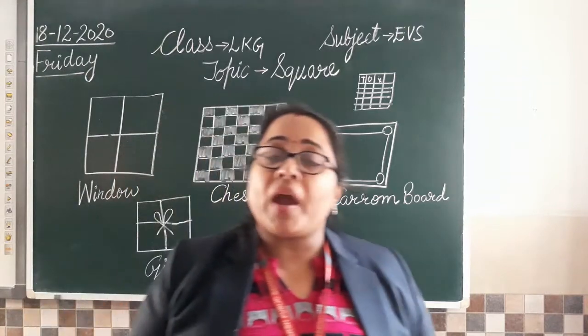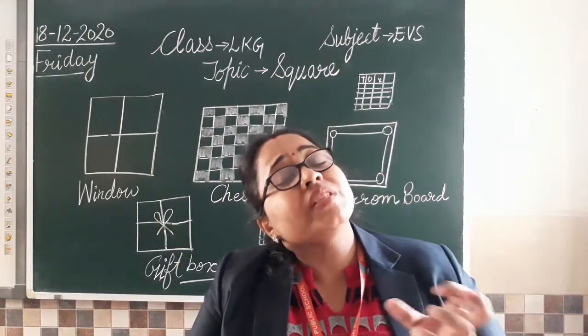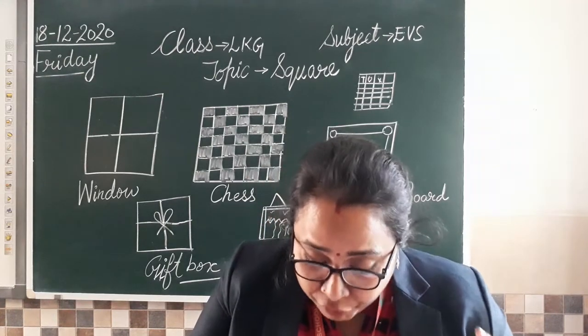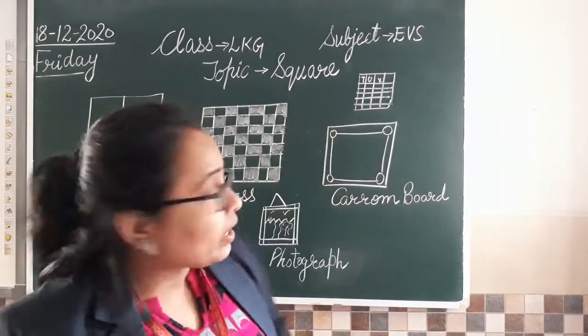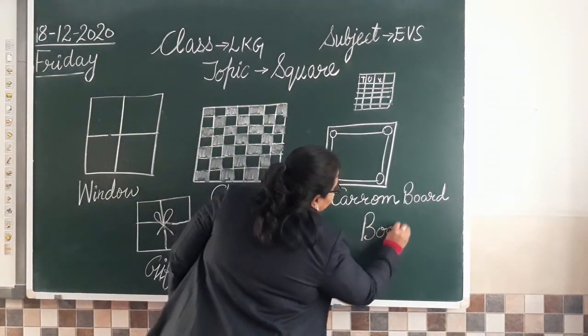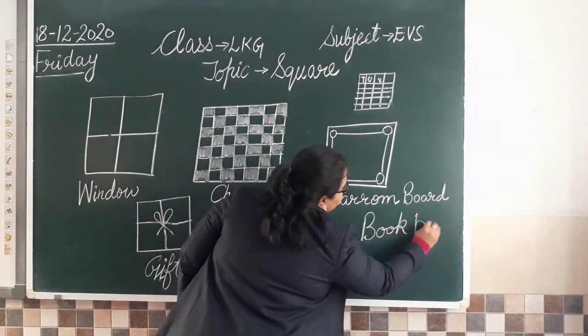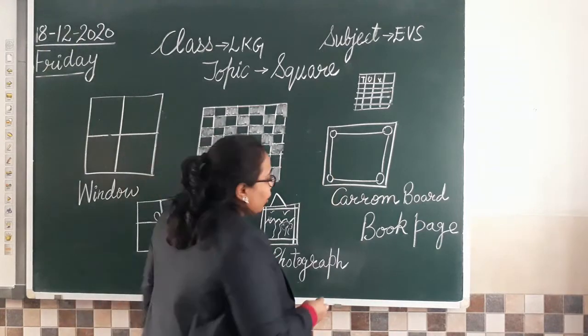See class, square shape we studied last time also in maths. We have the same examples, but there is a different activity that we have to do in our book today. So for that, what you have to do? Open your book on page number 40 and 41.